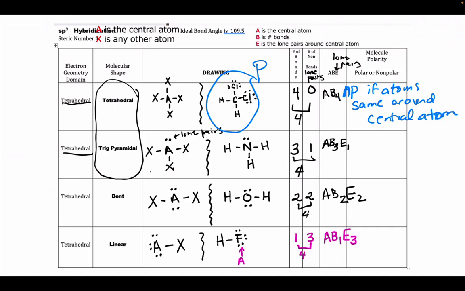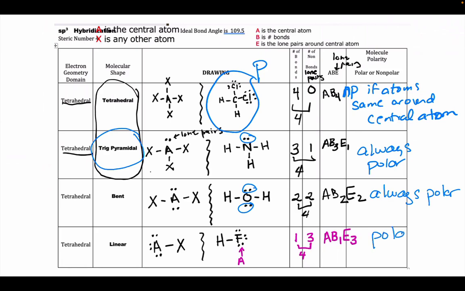And then trig pyramid, always polar. Bent, lone pairs on the central atom, always polar. Linear, this one's polar because it's 2-atom linear and the elements are different.